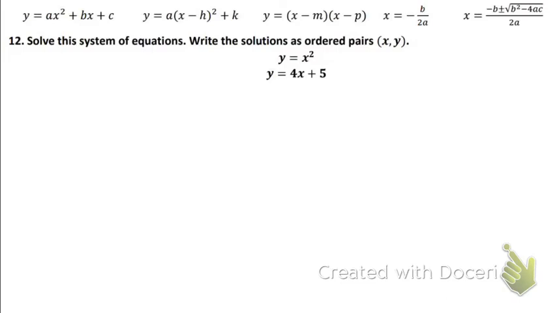We want to solve this. What process should I use? Starts with an S, substitution. So I'm going to take x squared. It's going to take the place of the y down here. So x squared equals 4x plus 5. What do I want this equal to? 0. So I'm going to subtract x squared from both sides.